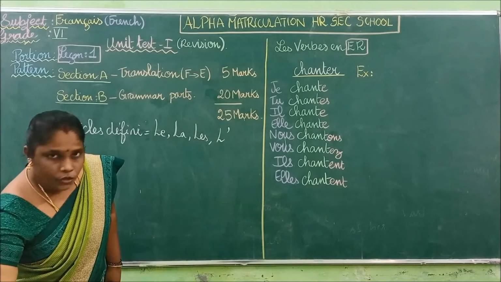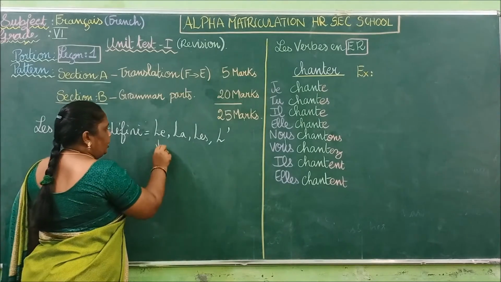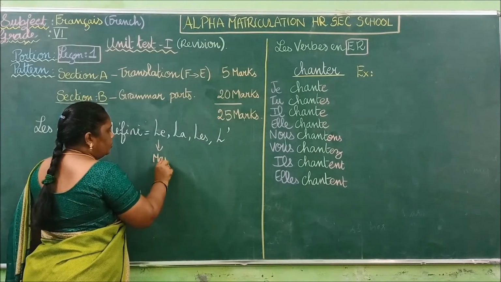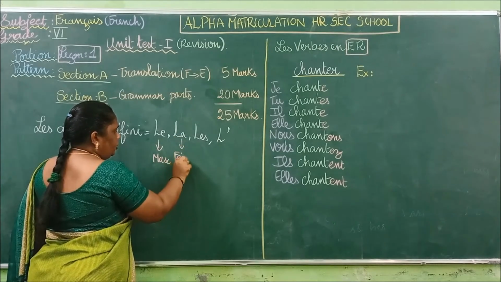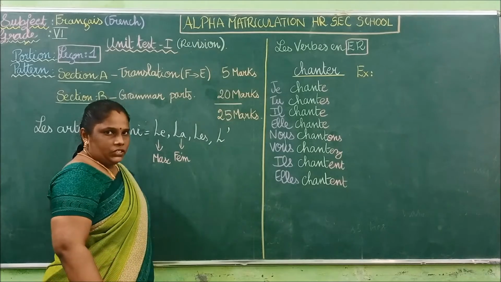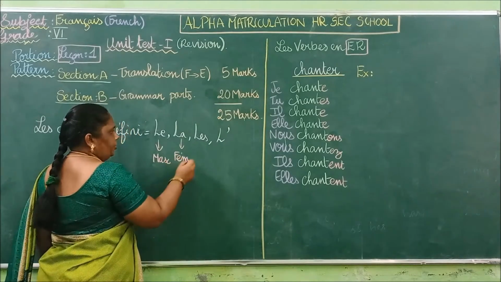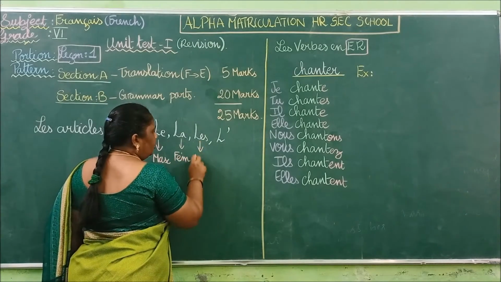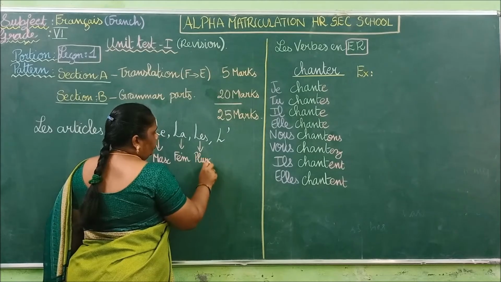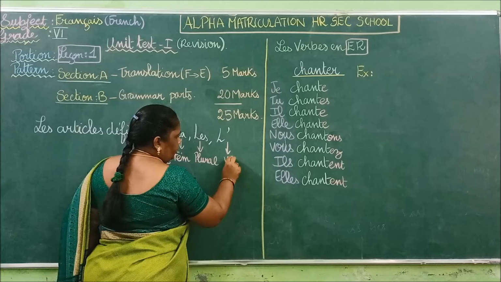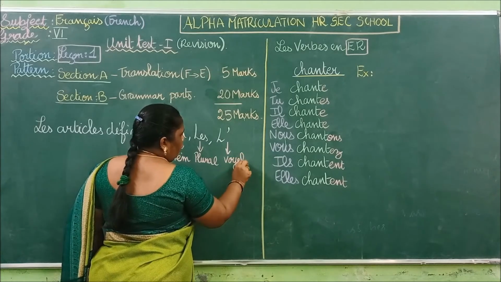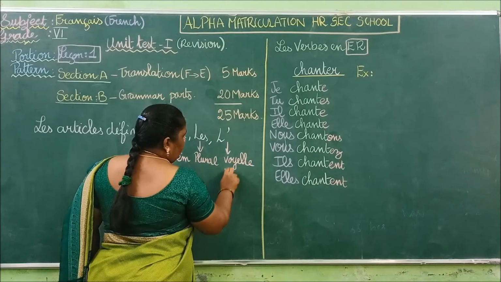So we saw le for masculine noun, la for feminine noun. It is placed before a masculine noun and a feminine noun. Here it is placed before a plural noun. And here we are going to place L apostrophe for the noun which starts with a vowel.